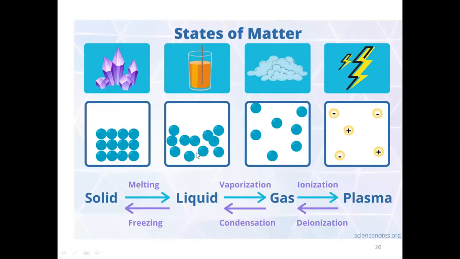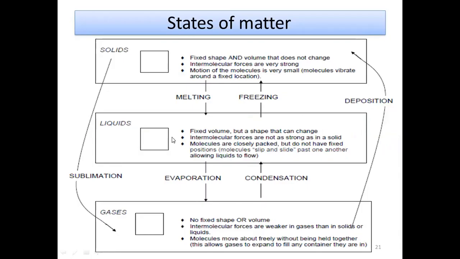They are away because there are not very strong intermolecular forces. That's why they are away from each other. So the liquid has weaker intermolecular forces as compared to the solid. This is the third property of the liquid.